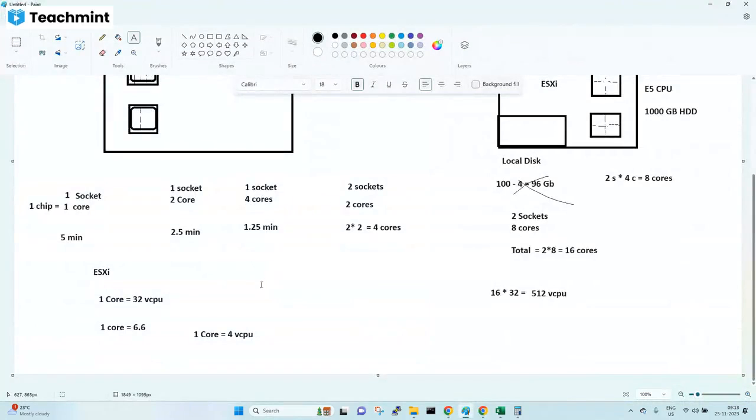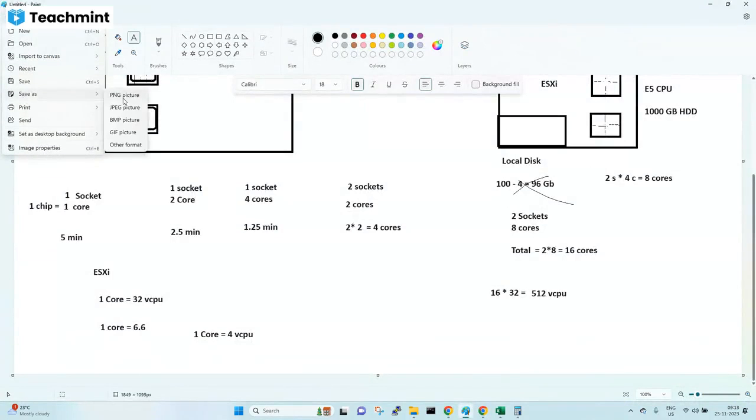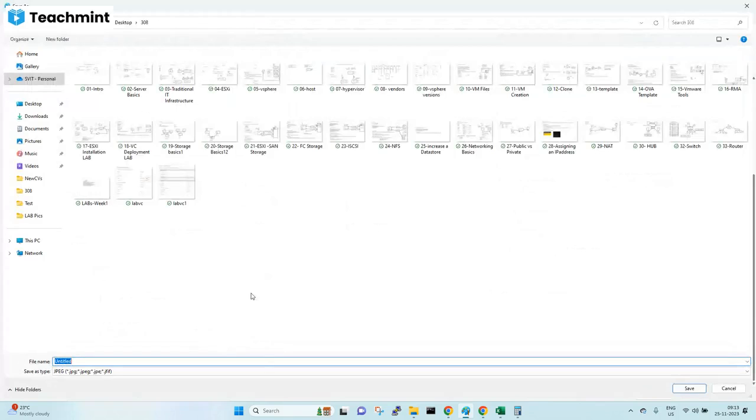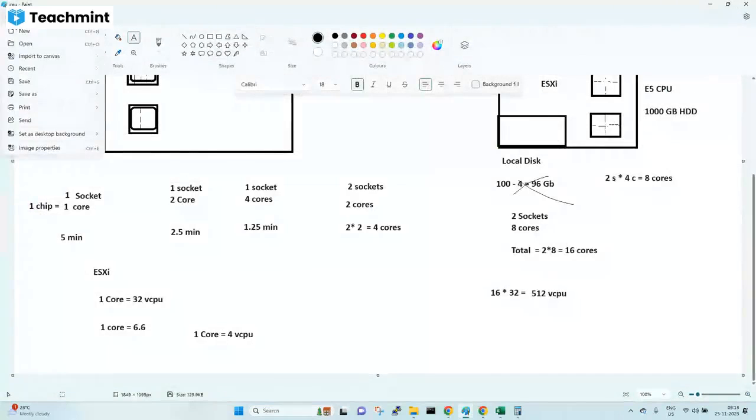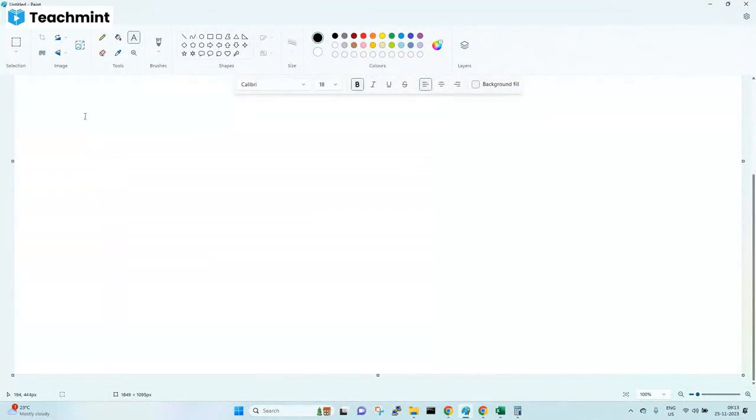Now I'll give you a calculation of how many VMs you can build on a single host. Okay, now consider there is a host.